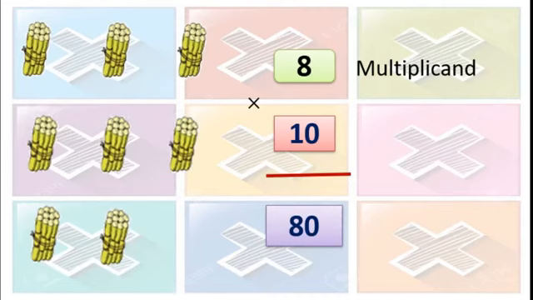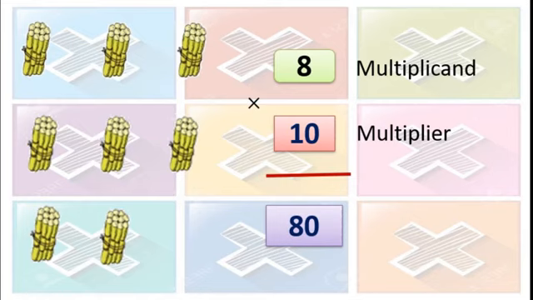This is called multiplicand. Means the number which is multiplied is called as multiplicand. And 10, this is called multiplier, because we are going to multiply 8 by 10, isn't it?